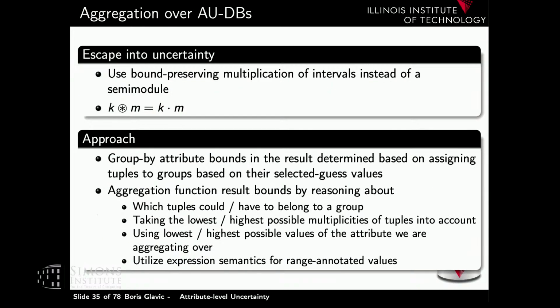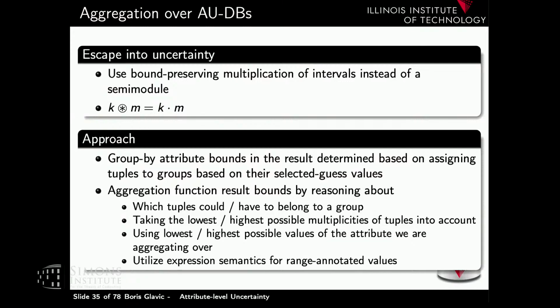Okay, good. What do we do? We escape into uncertainty. We define another kind of semimodule-style operation that just uses the multiplication in our interval domain, which we already showed to be over-approximating. This part is for now only for natural numbers, but I think it could potentially be extended to other semirings if you can under-approximate this too.